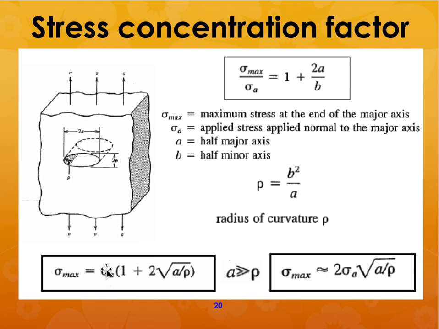If you know the applied stress normal to the major axis, and if you know the size of your flaw, a and b, you can calculate the value of rho, which is given by this equation, b squared over a.